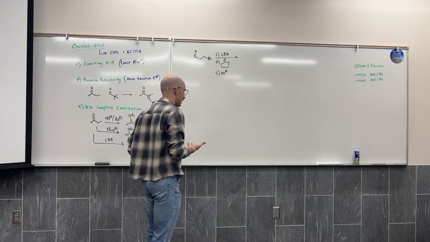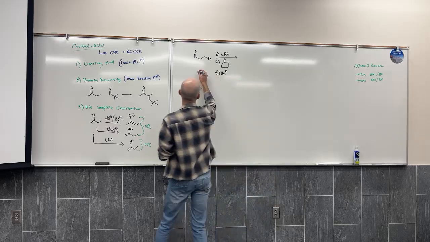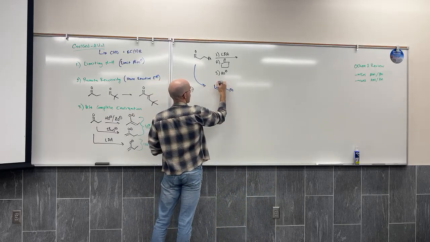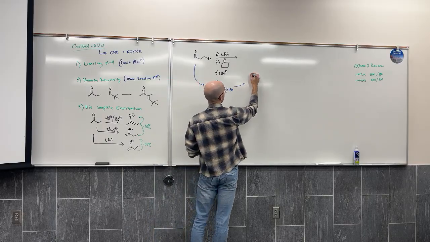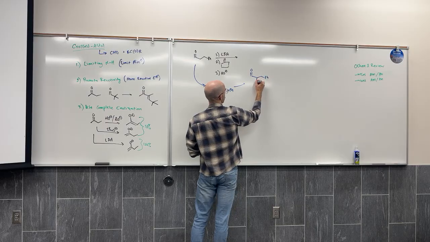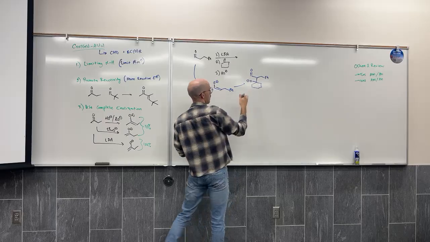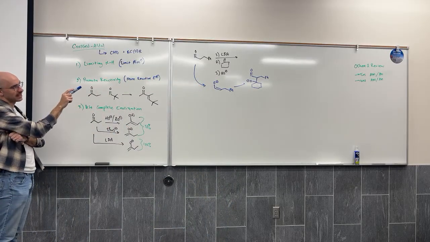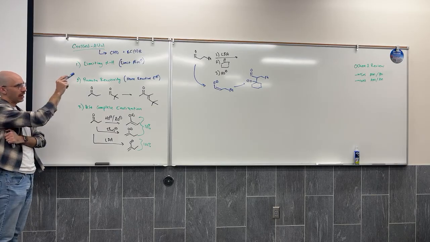So what does this make? After LDA is introduced, the LDA reacts with the alpha hydrogen and produces my enolate. After the enolate is introduced to an electrophile, it goes through acyl addition. So this is the product that actually forms after step 2.